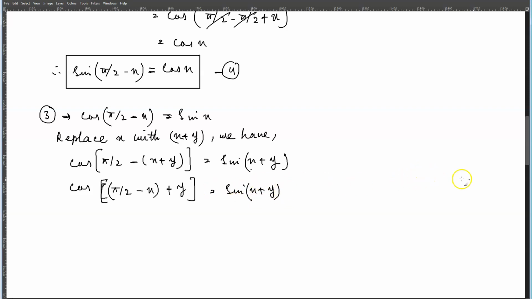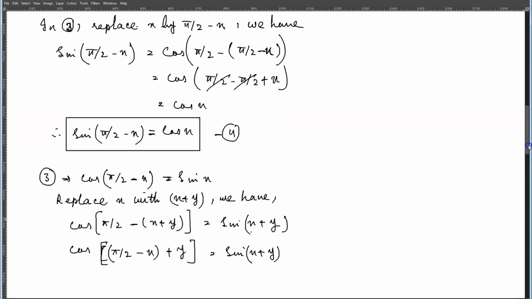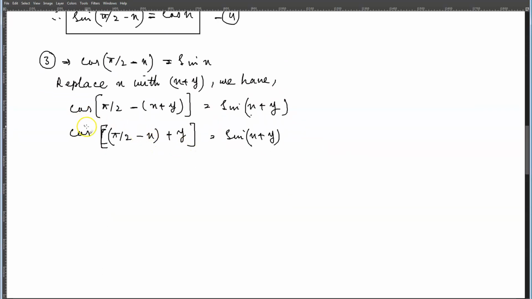Now over here we said that cos of pi by 2 minus x plus y, basically this is cos of x plus y.